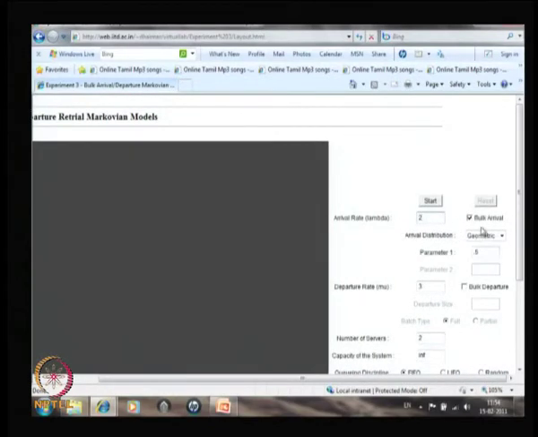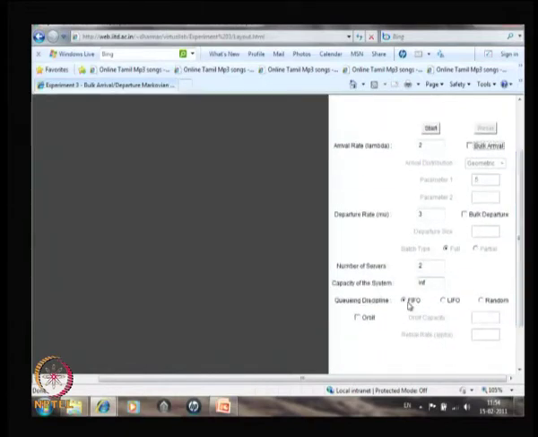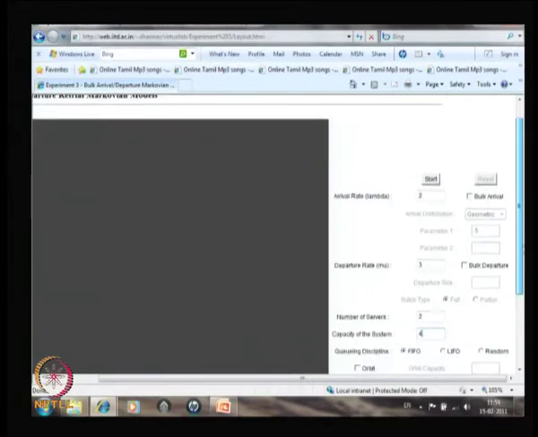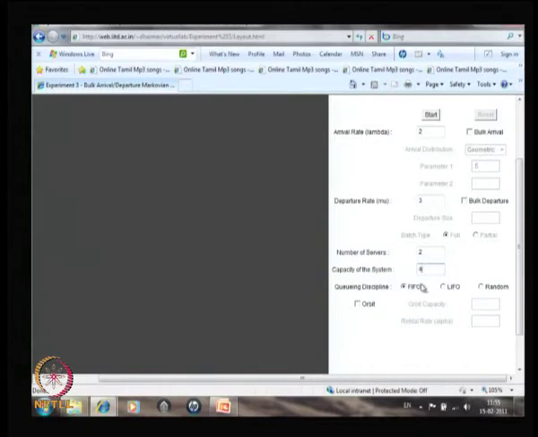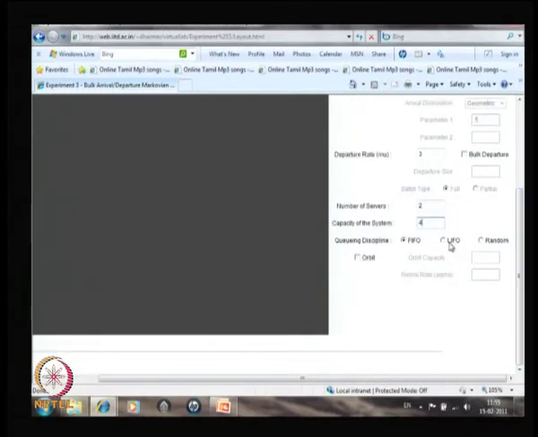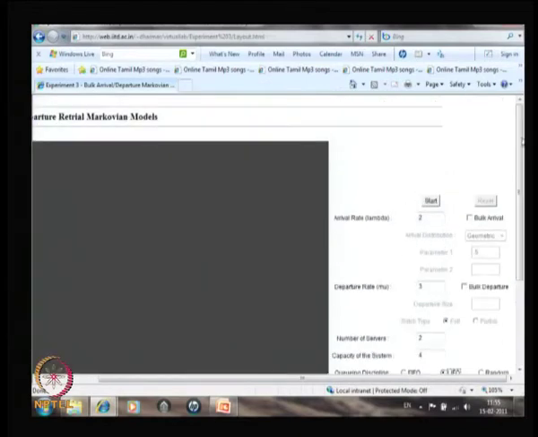So I can reset, and if I don't want the bulk arrival, and I choose the capacity of the system as 4, so this will be no bulk arrival, no bulk departure. Therefore this is an M/M/2/4 system with first come first served, and instead of first come first served, I can go for last come first served also.